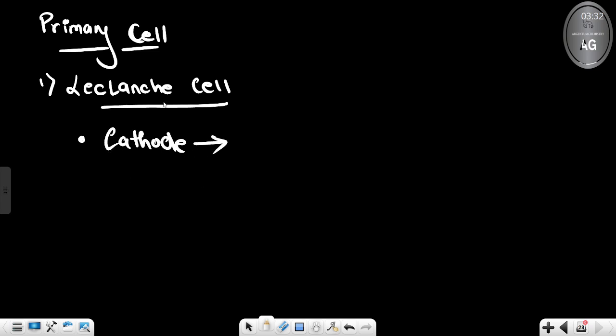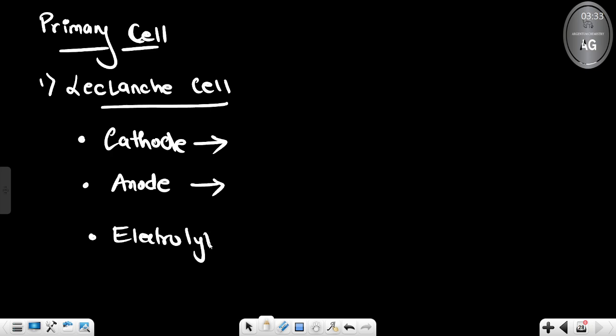Remember, Leclanche cell and Mercury cell are very similar to each other. More or less cathode and anode are also similar to each other. For the mercury cell it will be the mercury amalgam, and for the Leclanche cell it is normal.